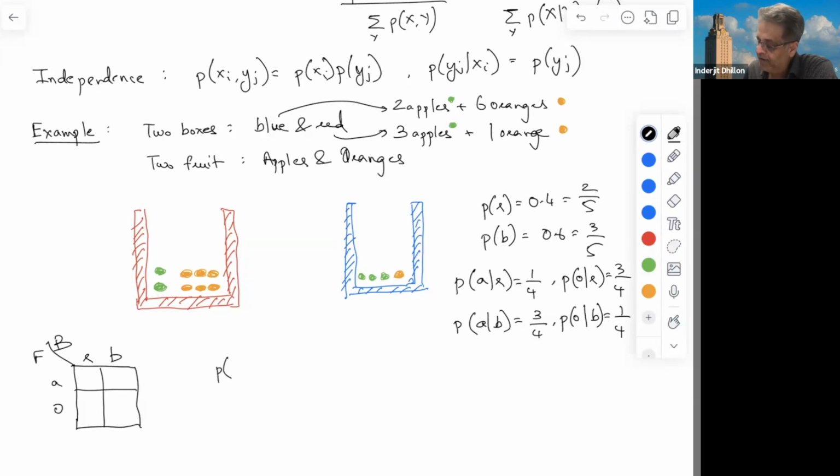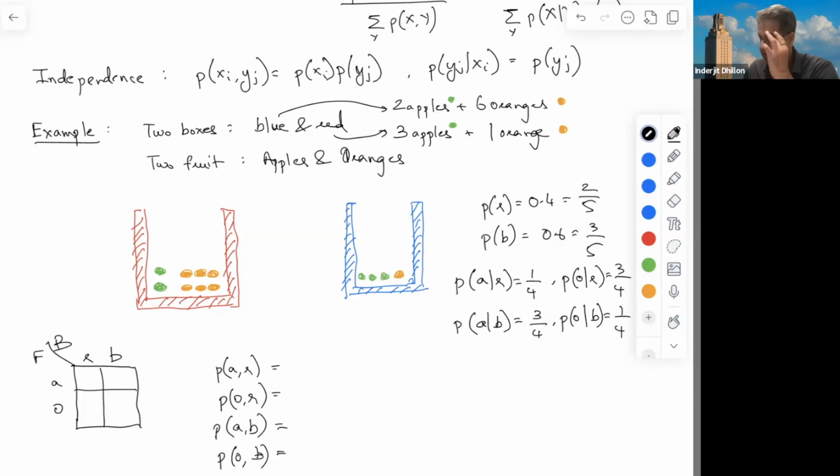P of A comma R, the joint distribution of orange and red, the joint distribution of apple and blue, the joint distribution of orange and blue.